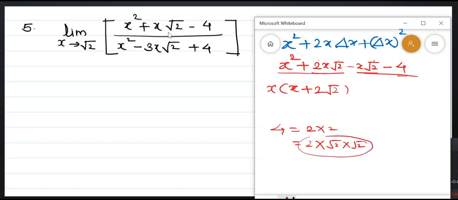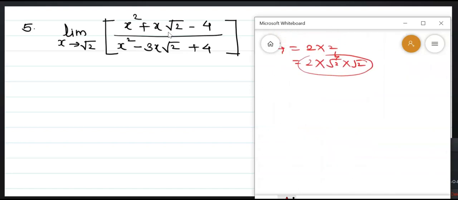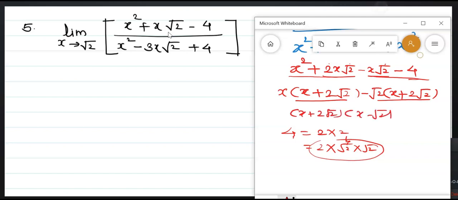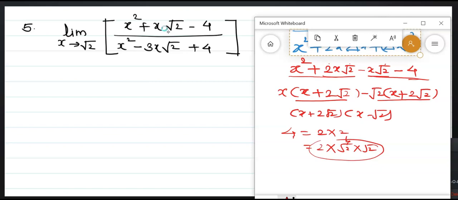The common from these two is root 2. Therefore, it is written as minus root 2 is common. Then in bracket, you will get x plus 2 root 2. Therefore, x plus 2 root 2 in the first bracket and x minus root 2 in the second bracket. Now see this here.